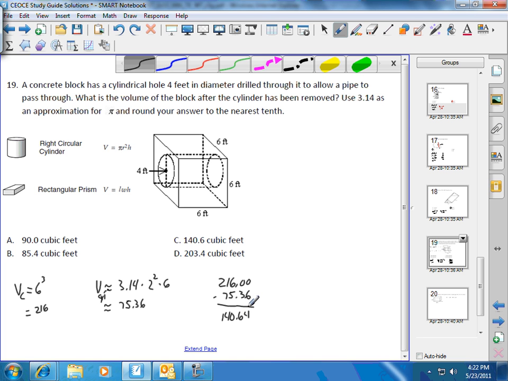And the answer choice says round to the nearest tenth, so it would be 140.6, which is answer choice C. So that's number 19.